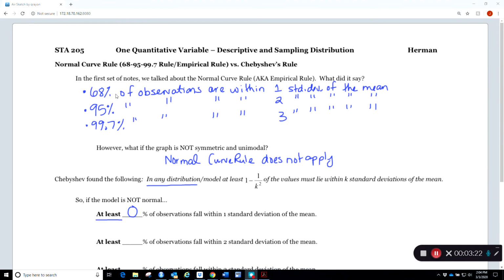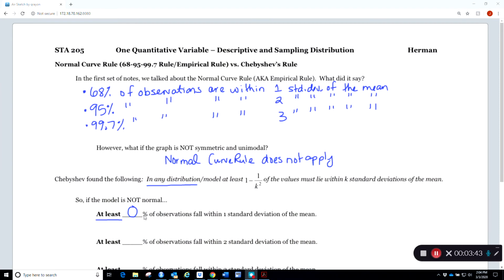That's different than what we had up here. The normal curve rule or empirical rule is an exact number, versus Chebychev's rule has this at least part to it. So that's why this one's not very exciting. Well, at least no data. So as long as anything is true, this one's going to hold. So it's not very exciting for us.